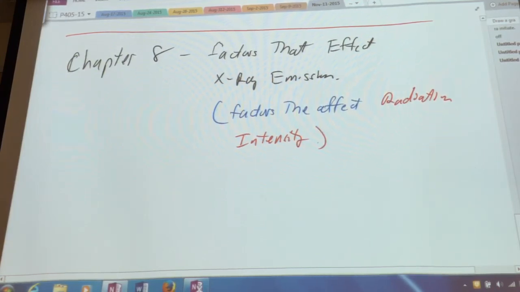Affect or effect, you tell me. Let's say affect. I think the effect is wrong, right? I always forget. I never remember.